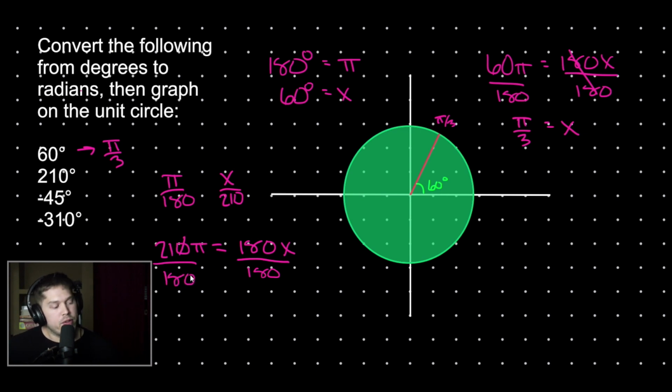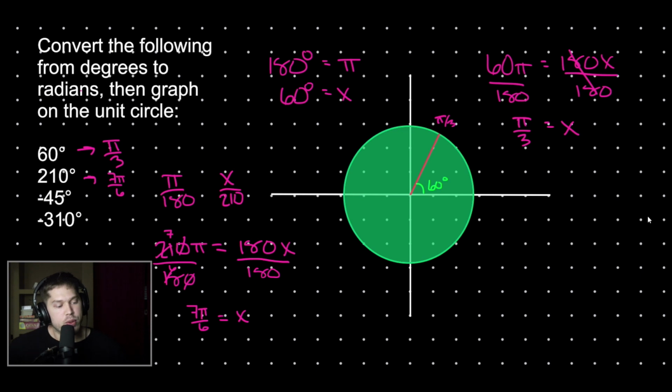We can cut out the zeros from each of these. Now we just have 21 over 18. We know that 21 is 7 times 3, and we know that 18 is 6 times 3. Therefore, we can take a 3 out of both of them and be left with 7 and 6 respectively. Therefore, we know that 7 pi over 6 is equivalent to x. So 210 degrees can convert nicely to 7 pi over 6 radians.